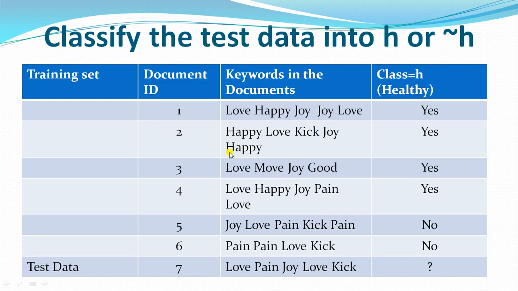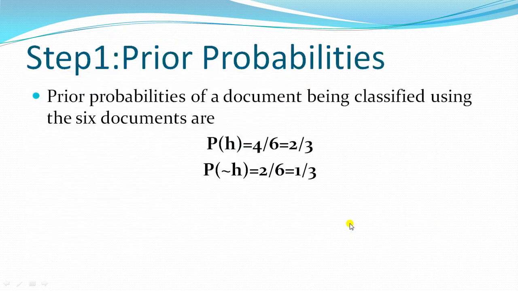Go back to the problem statement. Here we have document 5 and document 6, so both lie under class no. Out of 6, 2 belong to the no class, that is negated H. So P of negated H is equal to 2 by 6, that is 1 by 3.